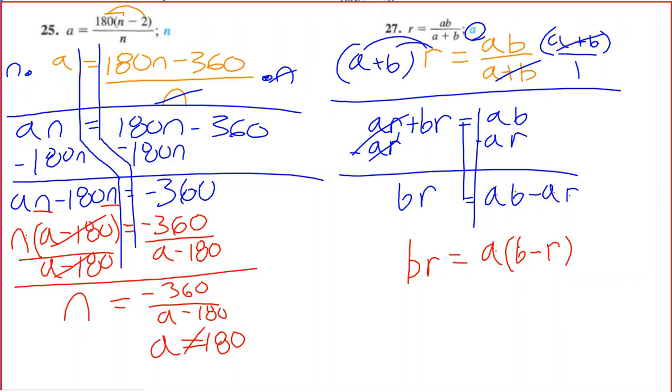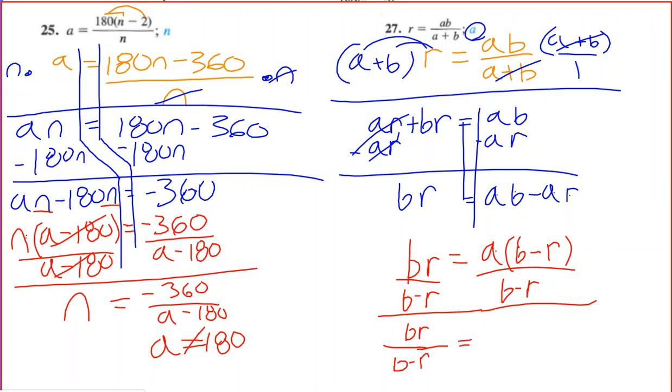All right, so now I've gotten that A into one place, so now the opposite of multiplying by B minus R is dividing by B minus R, and so I get BR over B minus R is equal to, all these cancel out, and we get A.